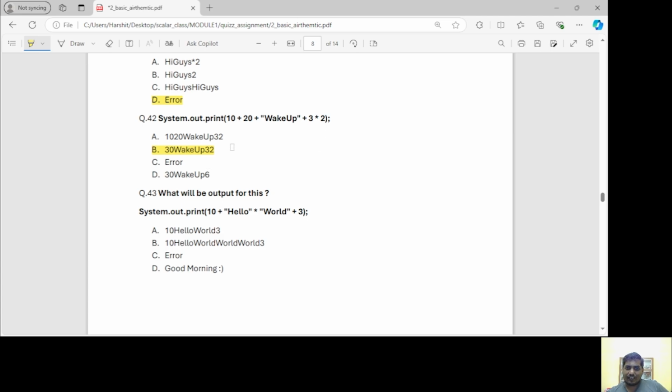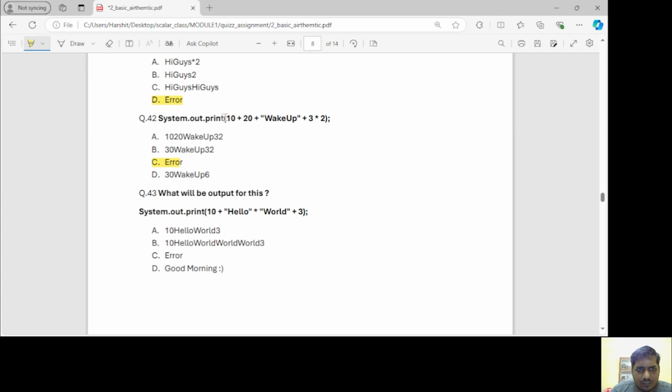It gives an error. Why does it give an error? After wake up, the 3 will be added as a string, and then the multiplication of 2 would have to be performed. No, it gives an error.